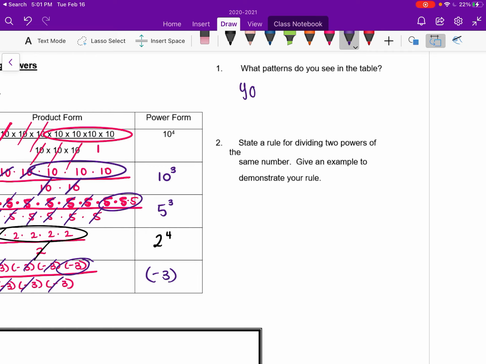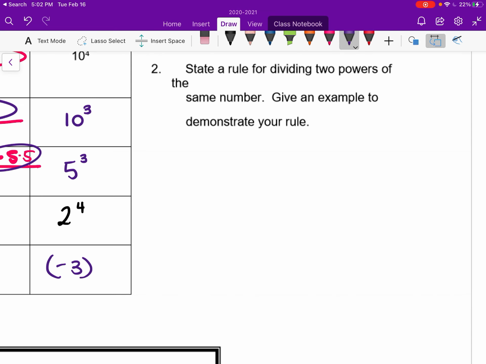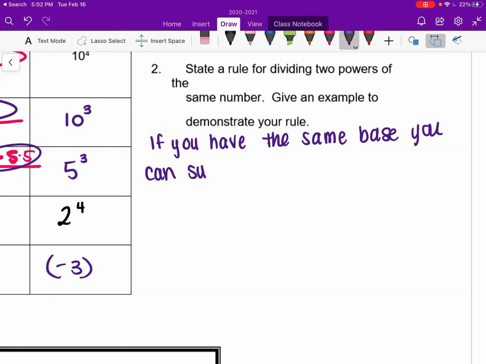So I wrote you can minus the exponents. That was one thing that I saw. So state a rule for dividing two powers of the same number. So I'm going to write, if you have the same base, you can subtract the exponents of the denominator from the numerator.